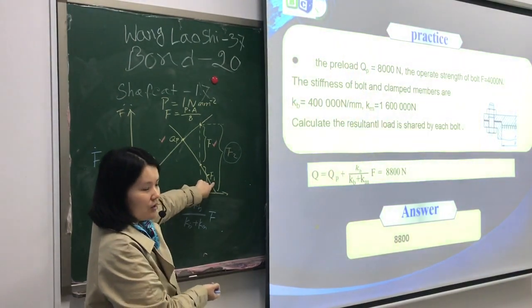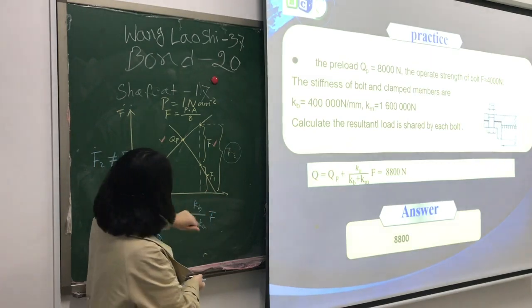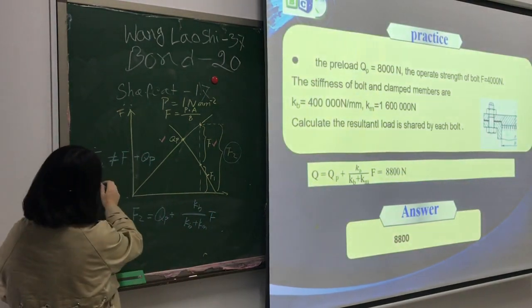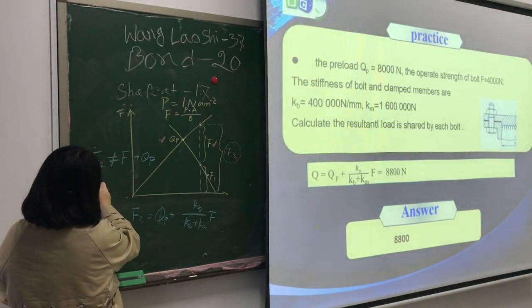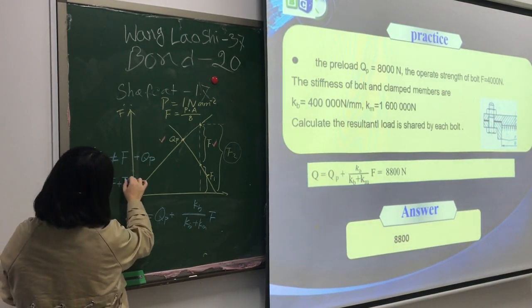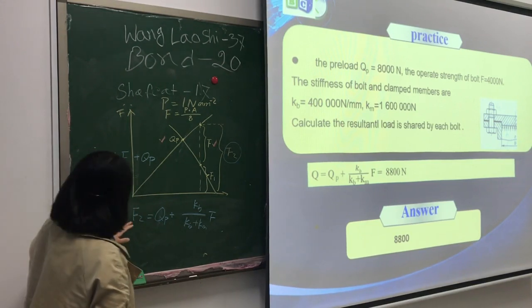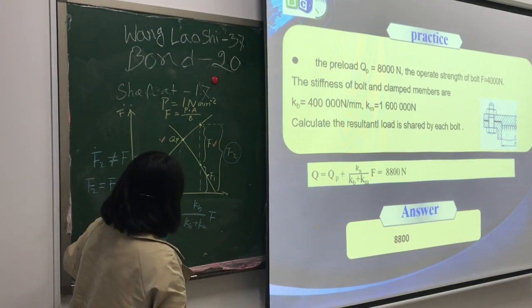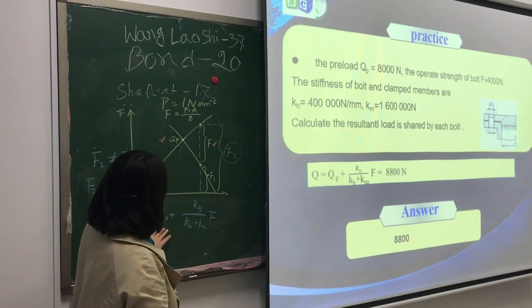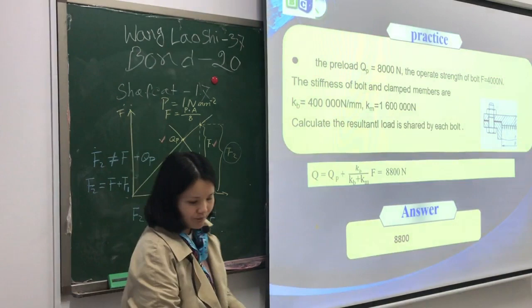F1 is the remnant preload. So F2 equals F plus F1, and we can use this equation to calculate the F2.